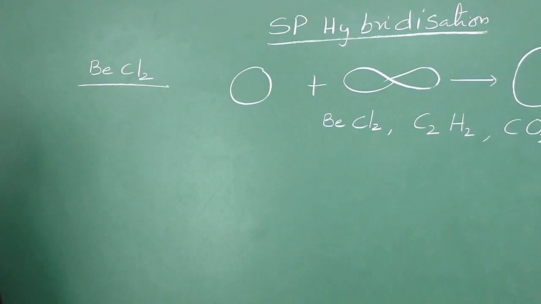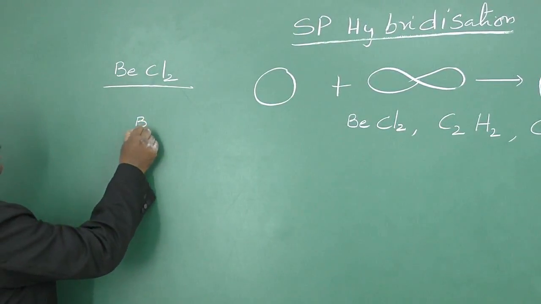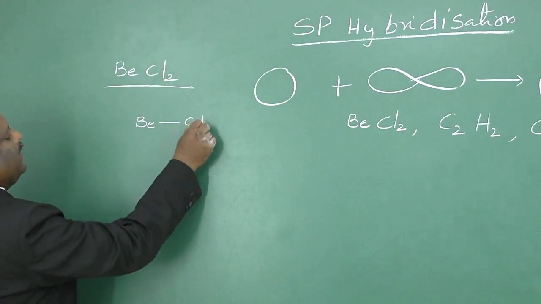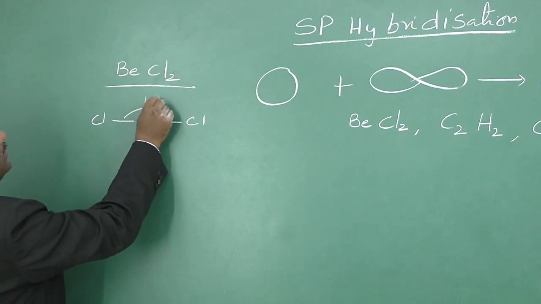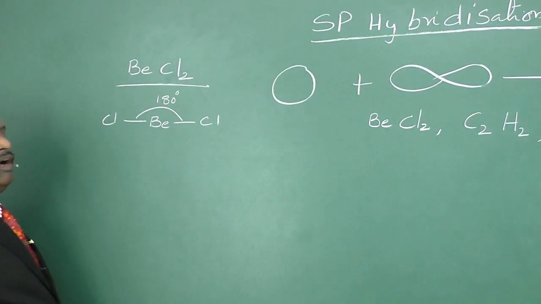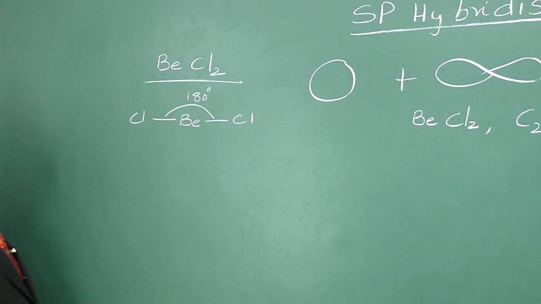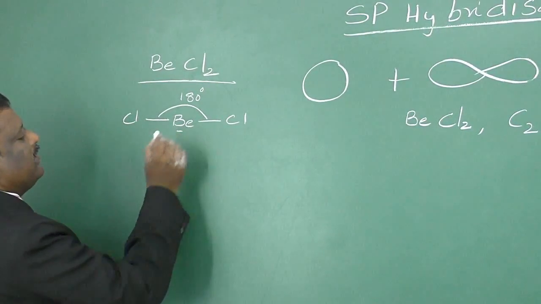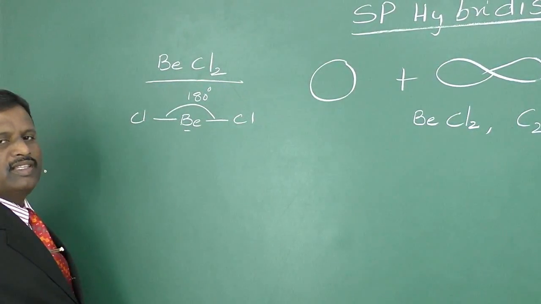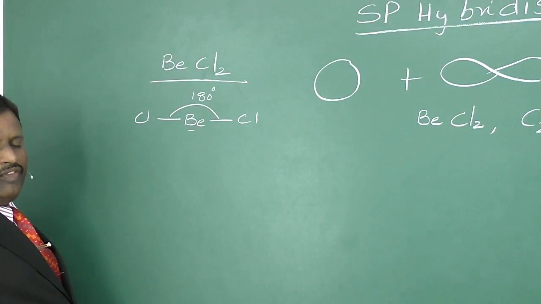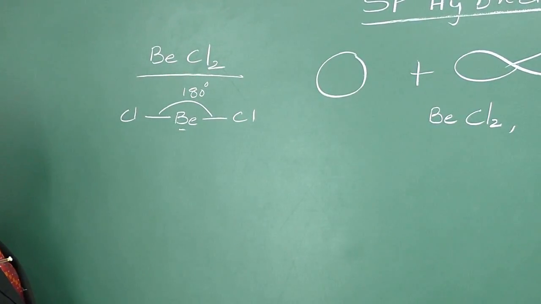X-ray study shows that the beryllium chloride molecule is in linear shape with an angle of 180 degrees. It shows that beryllium is present at the center and two chlorine atoms are arranged on both sides. Now let us verify the structure in the light of Sp hybridization.